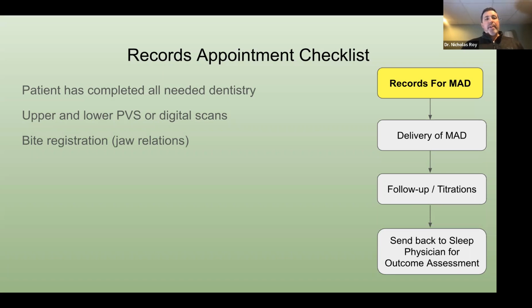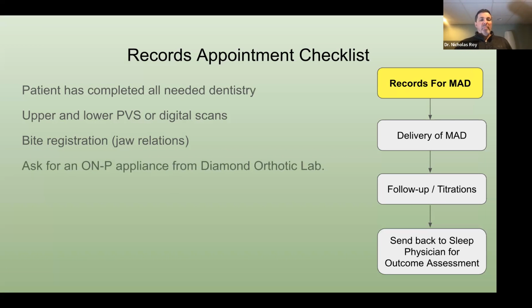Well, then you also need a bite registration, also known as jaw relations. This is probably the trickiest, no, not probably, this is the most difficult and tricky part of the entire world of dental sleep medicine. If you go with Diamond Orthotic Labs, ask for the ONP appliance. Again, in the mural board, there's directions on all of this in much more detail.